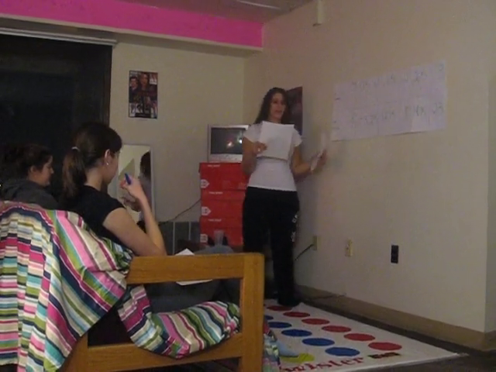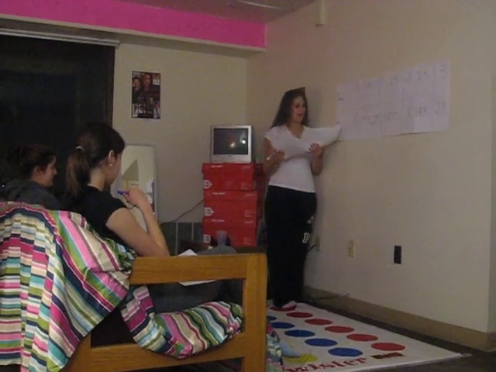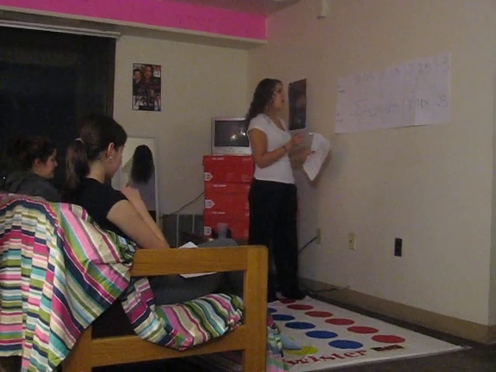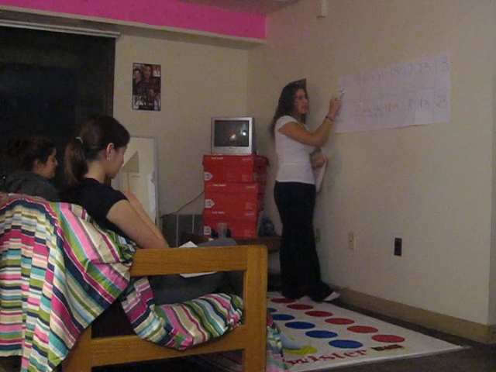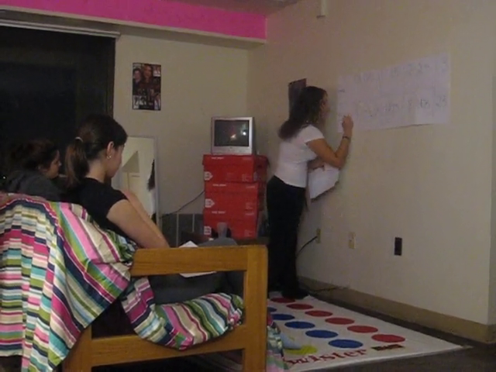And in order to find the estimate, we have to do the left-hand sum plus the right-hand sum divided by 2. So when we did the left-hand sum, when we added all of the numbers up and multiplied by 0.5, we got 8.625.